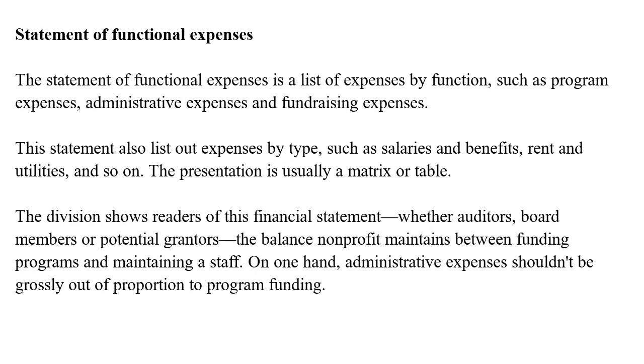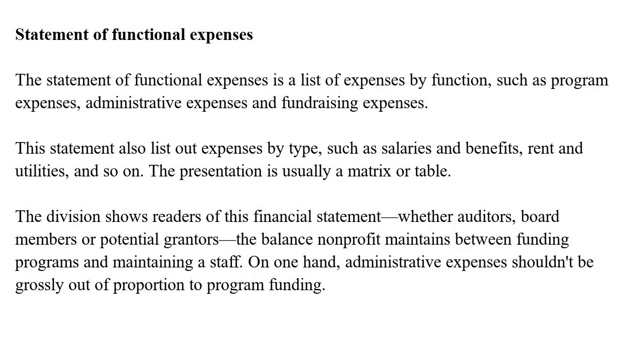Statement of functional expenses. The statement of functional expenses is a list of expenses by function such as program expenses, administrative expenses, and fundraising expenses. This statement also lists out expenses by type such as salary and benefits, rent and utilities, and so on.